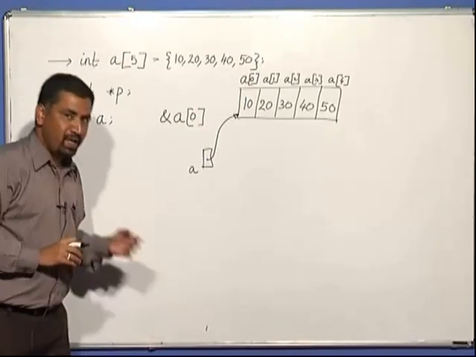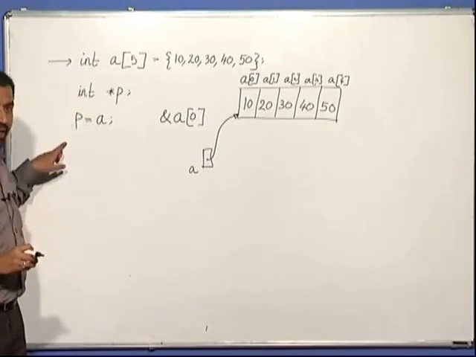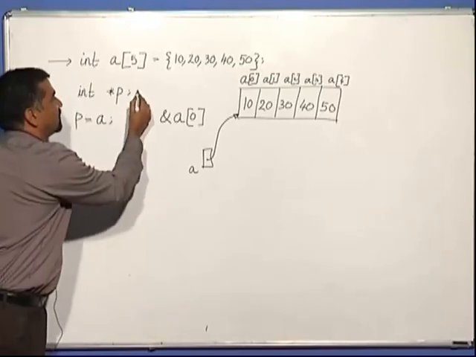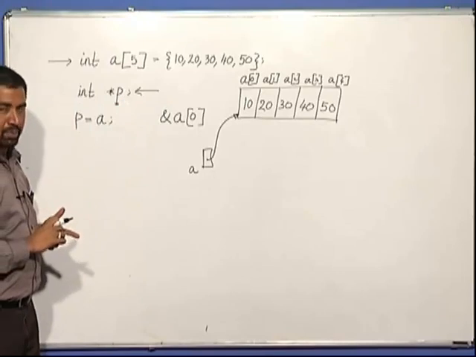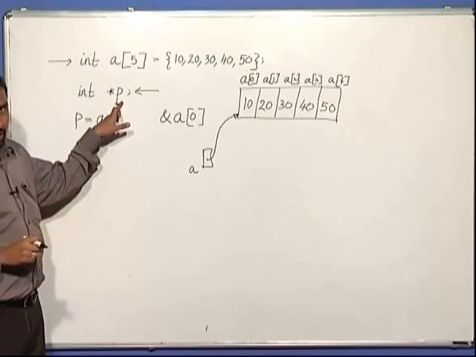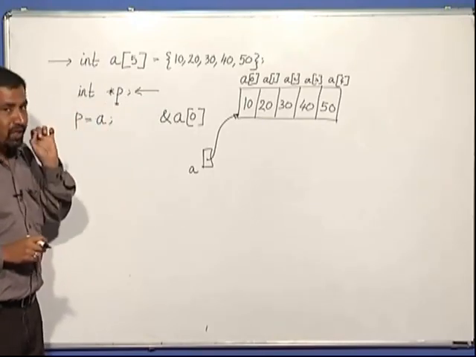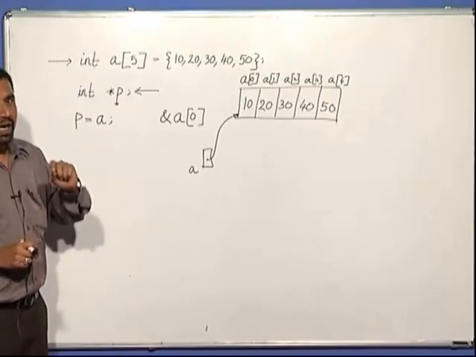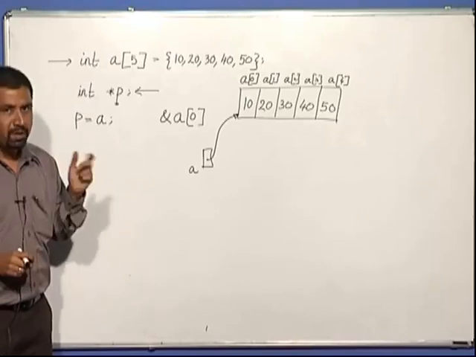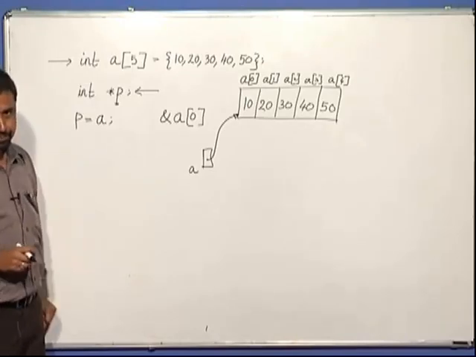So, A being a pointer, just look at these couple of lines here. This line declares P as an integer pointer. P being a pointer of integer type, what can you assign to P? We can put the address of an integer variable in P. And what is A?